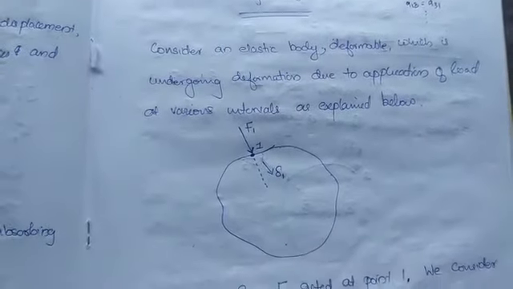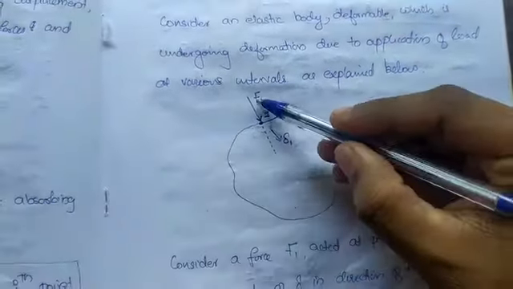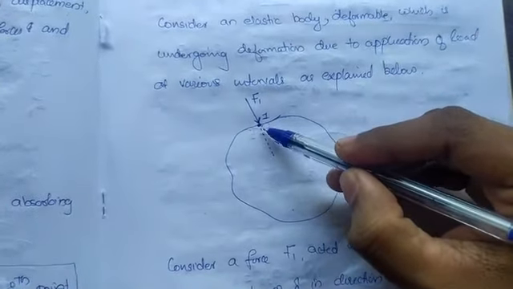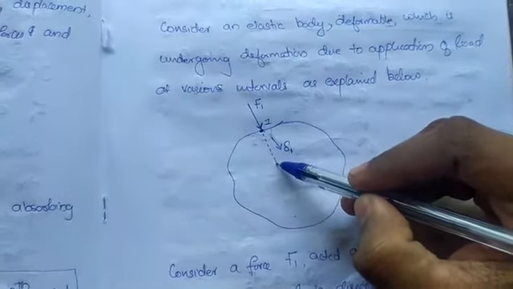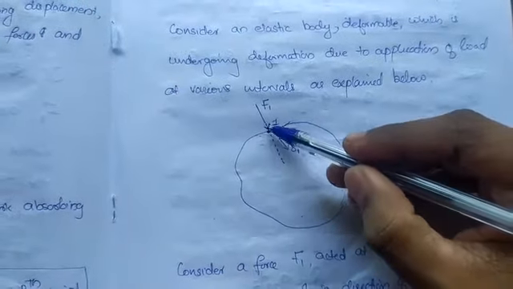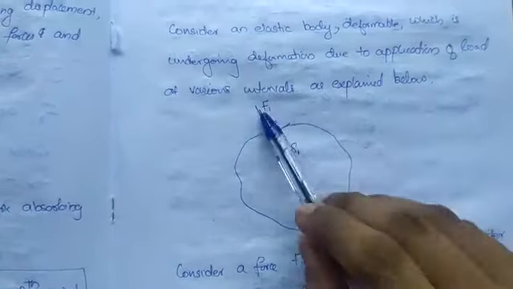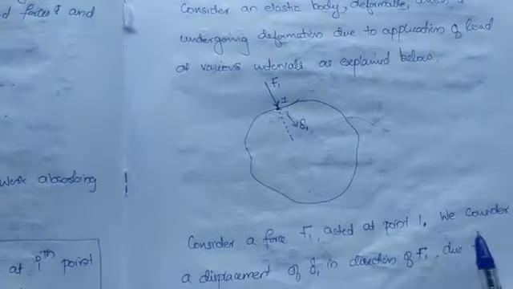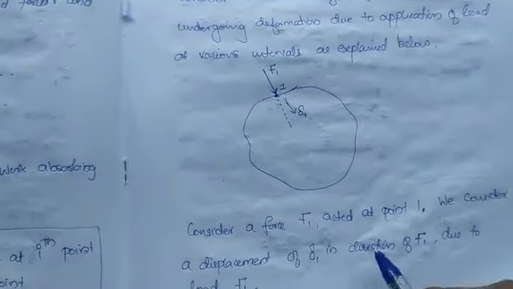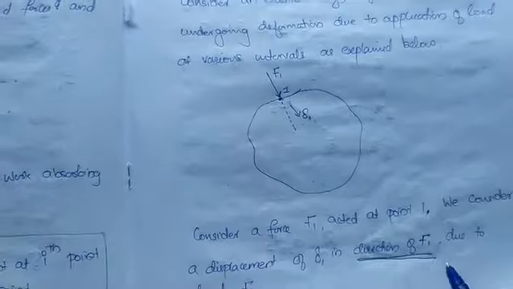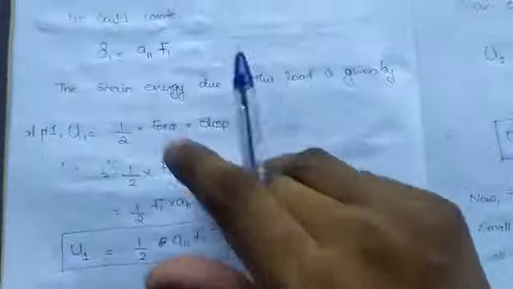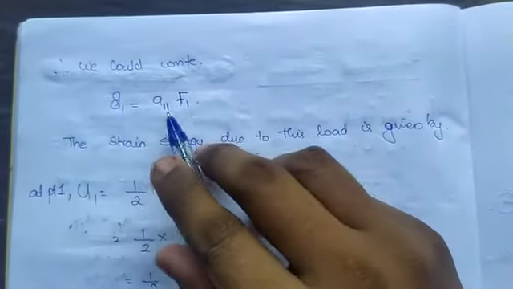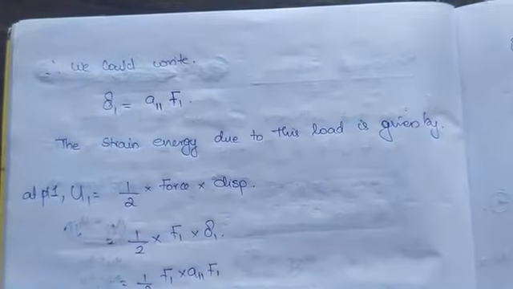Consider a force F1 acting at point 1, and it makes a displacement delta 1 in the direction of force F1. This is very important, due to load F1. Then we could write delta 1 is equal to A11 F1.